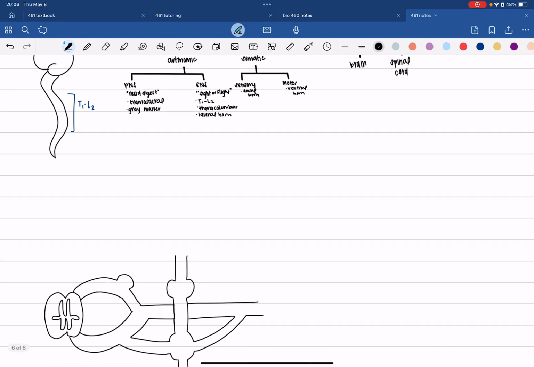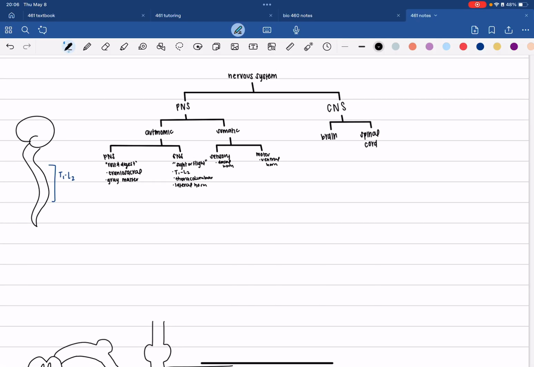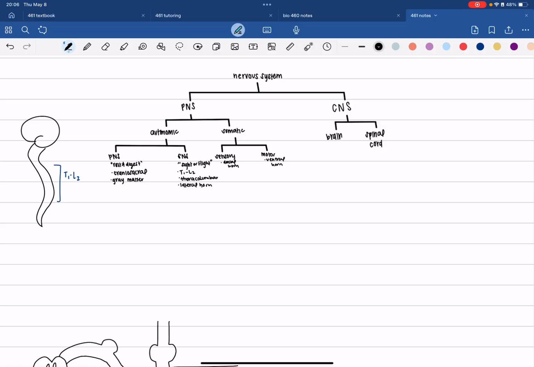Okay, so with this, we have a few different types of nerves that we'll talk about. We have with our sympathetic, we have spinal nerves.